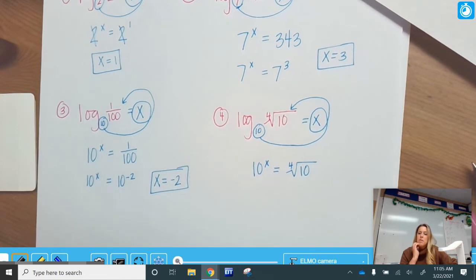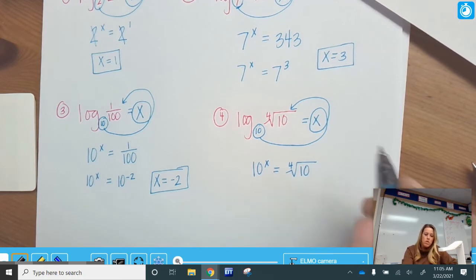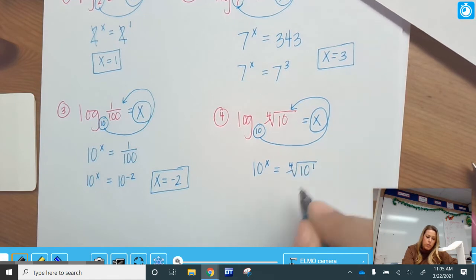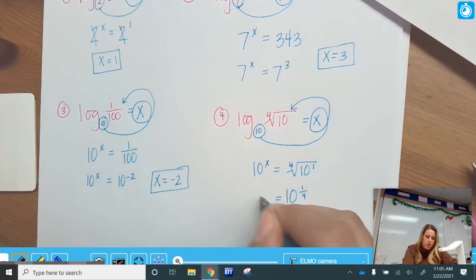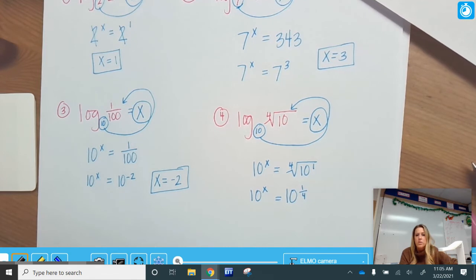Remember that last chapter we learned about changing rad form to exponent form. This is a perfect example of when we can use that. So this is power over root, so this really is 10 to the 1 over 4 power. Well, now we've got our common bases, and now we can set them equal to each other.